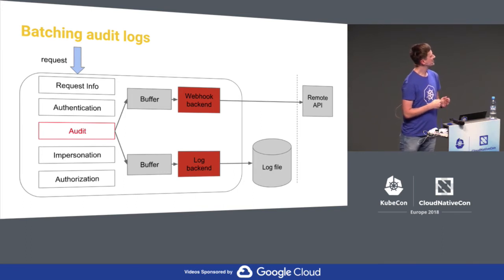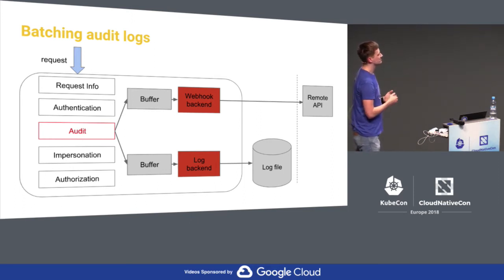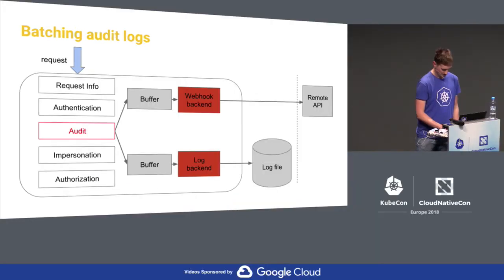In this case, we are adding a buffer in front of our backends, and we have some goroutines that continuously check it. And if the buffer has, by default, 400 events, not even audit log events, then they are sent to the webhook backend or to the log backend and processed later.